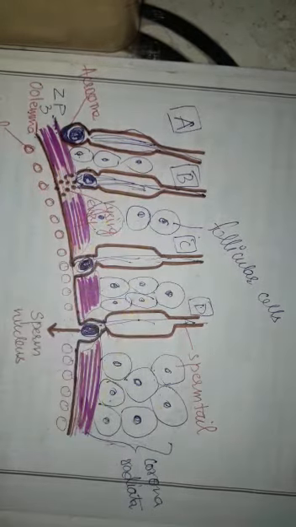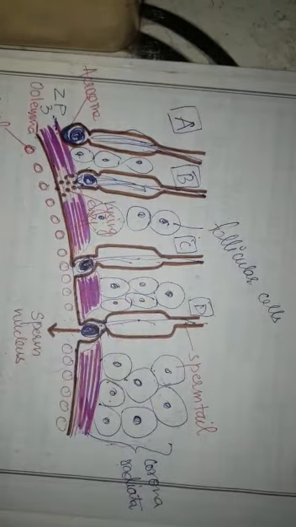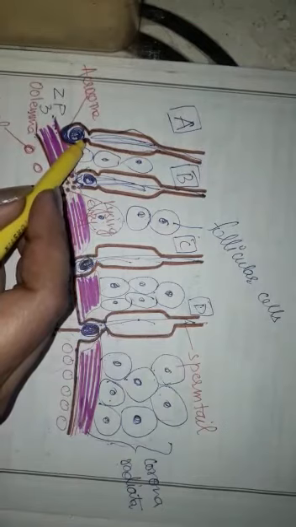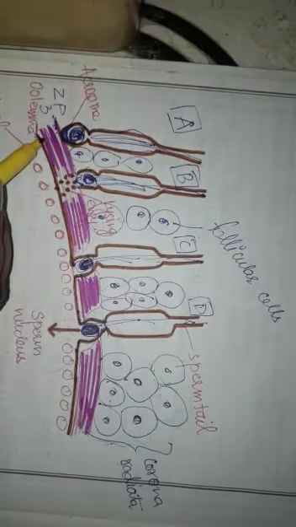the corona radiata. The capacitated sperms pass through the corona radiata and reach the zona pellucida.